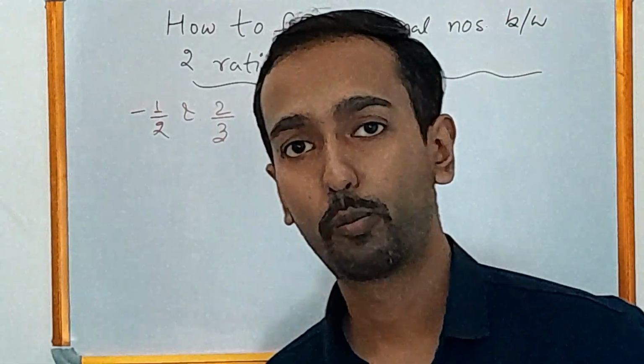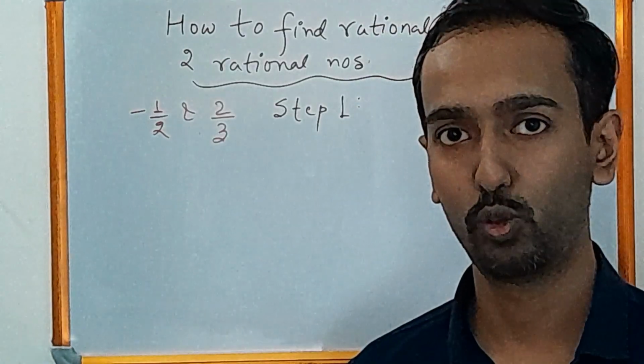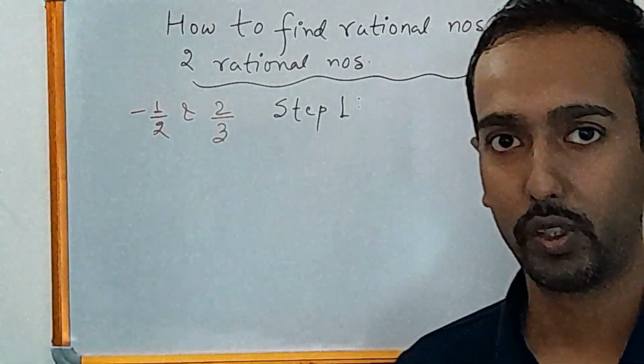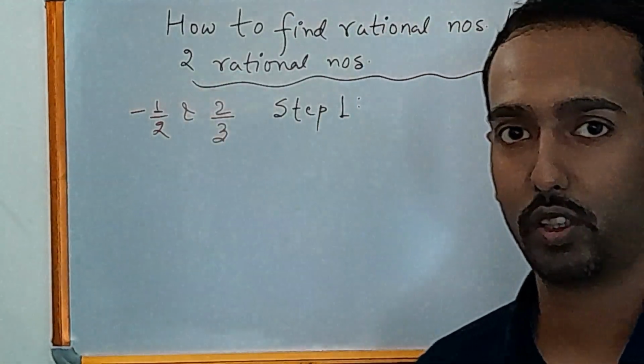So we know from the previous discussion that first we have to find the LCM of the two denominators, then we can easily convert them. So from the previous discussion we know that the LCM of 2 and 3 is 6.